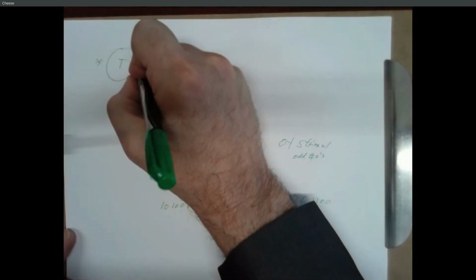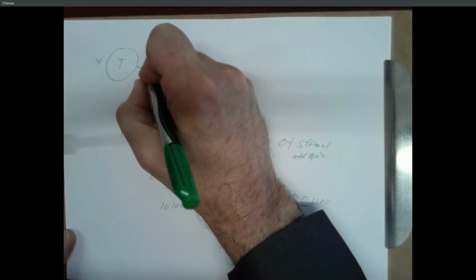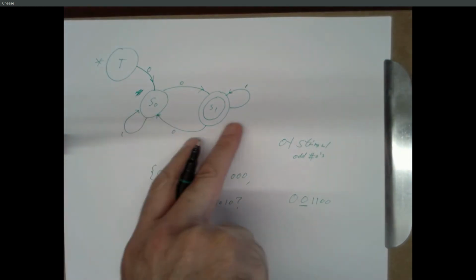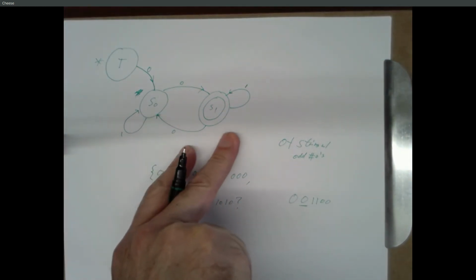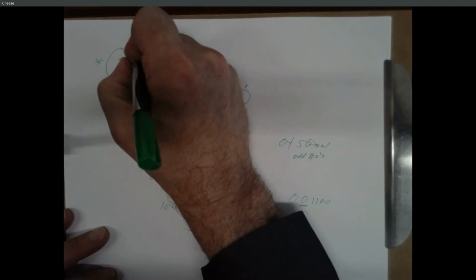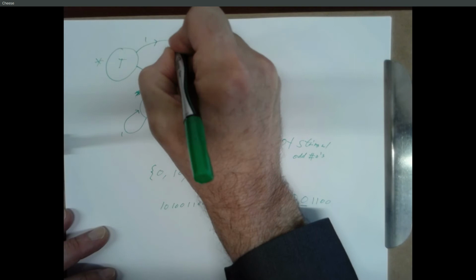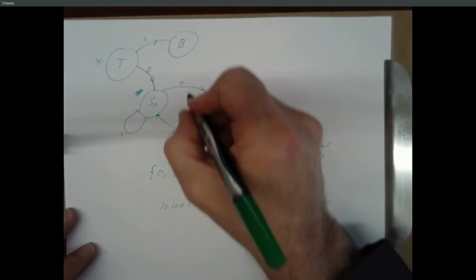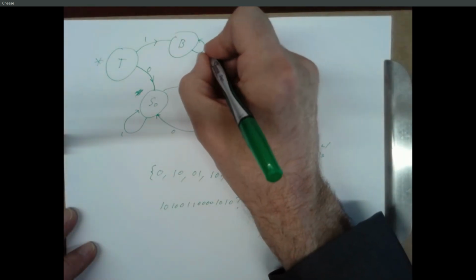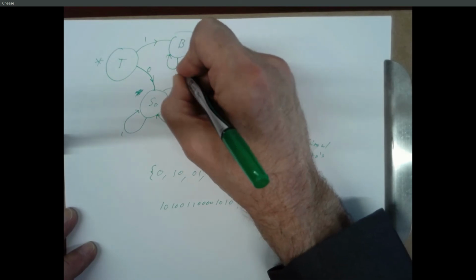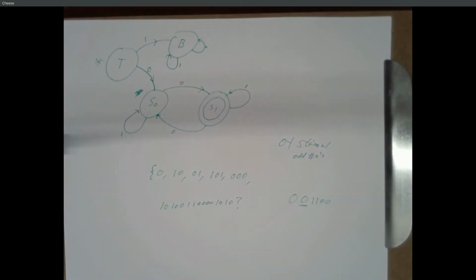And we'll say if you have a 0, let's go to our machine that recognizes a string with an odd number of zeros. And if you have a 1, we'll just go to our bad state. And if you have a 0, we will stay in our bad state. And if you have a 1, we'll stay in our bad state.